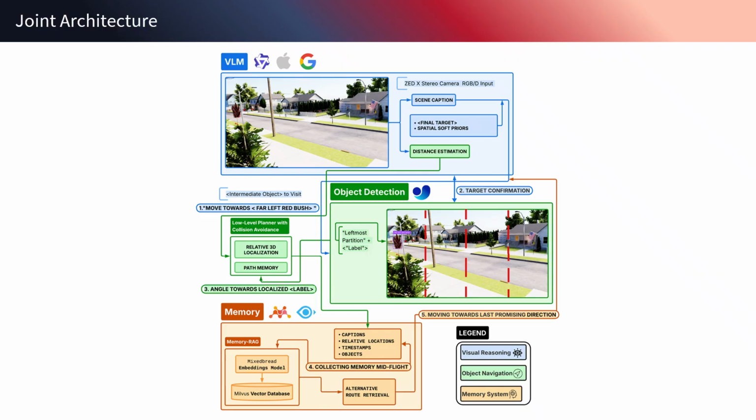And because the idea is to have it on board, we're using smaller VLMs that are quantized. We're using the same language part to query it separately without images to create some soft priors. So the idea is we're initially given a final target. Let's say we're searching for a basketball court, and we can have some early associations that our language model can provide, that can serve as context later.